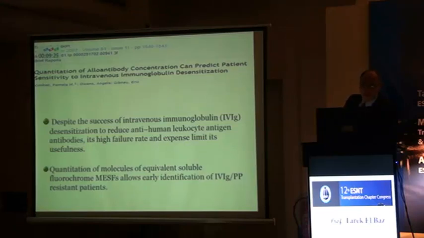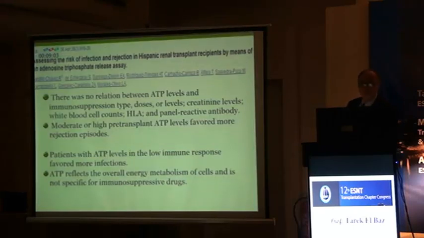The quantitation of molecules of equivalent soluble fluorochrome allows early identification of the patients that are resistant to this type of therapy. So this is another pharmacodynamic method related to assessing the effects of using intravenous immunoglobulins.